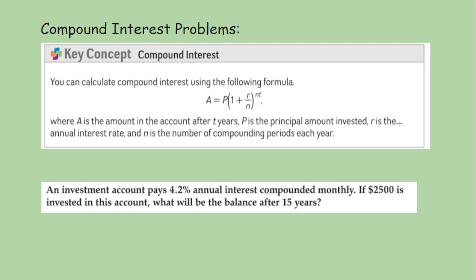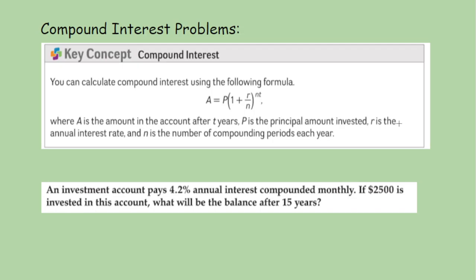Okay, so now we are going to get into some compound interest problems, right? When we're talking about compound interest, this is a situation where you have an amount of money, and it has interest applied to it. Interest is money that an institution pays you for investing in something or putting your money in something.